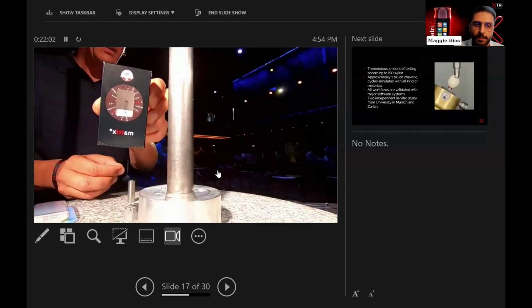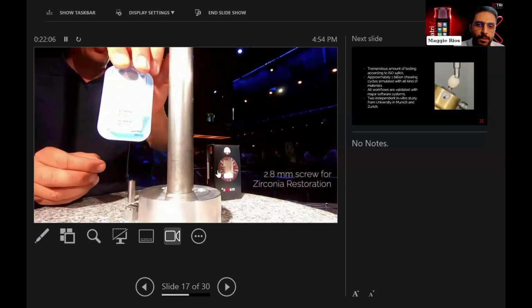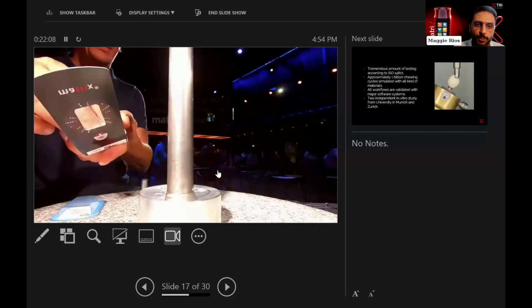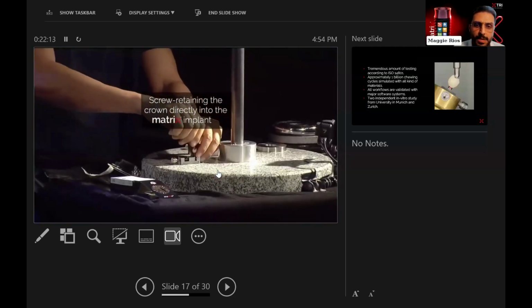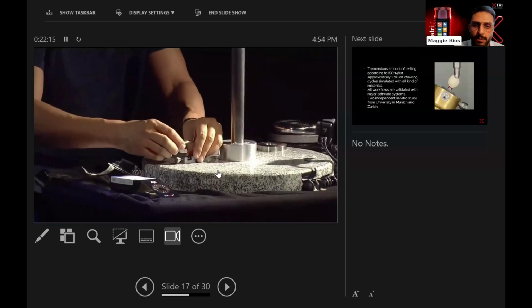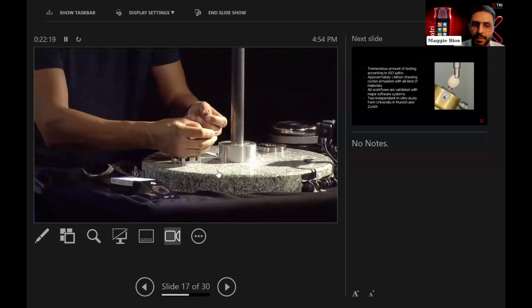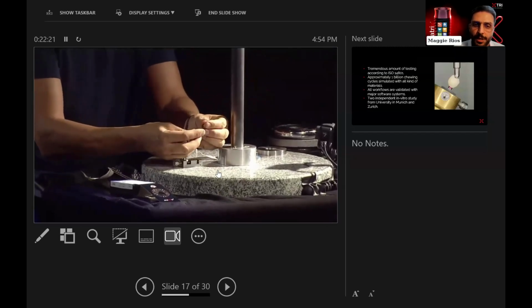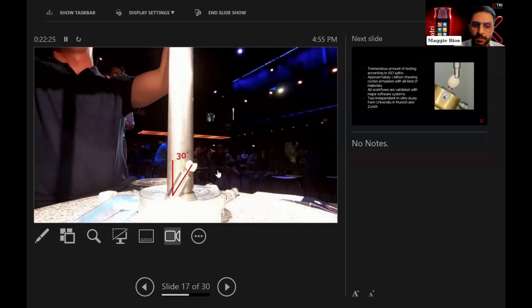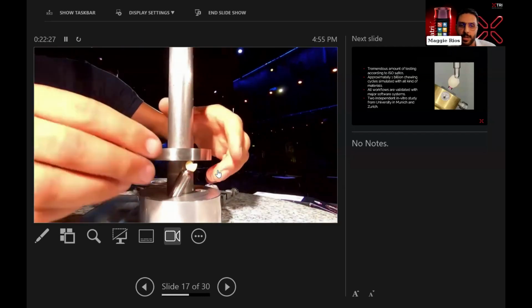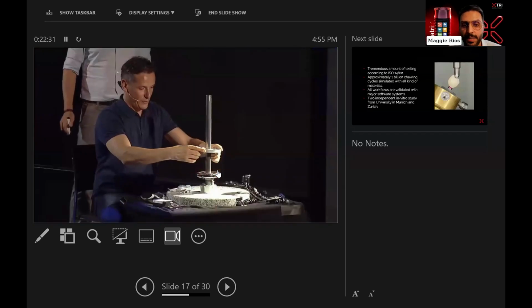We have this zirconia crown and the matrix implant with the 2.8 bolt screw, and the crown is being fixed with 35 Newtons on the implant, and then that's being fixed at an angle. Actually, I think it's a 30-degree angle. Yes, at a 30-degree angle, and then we're going to add weight on it just to see how much it can take.